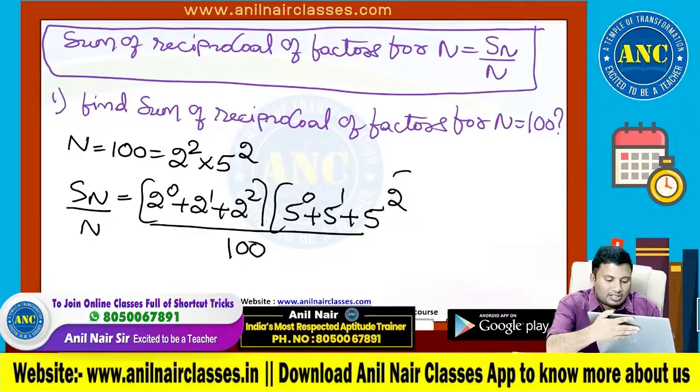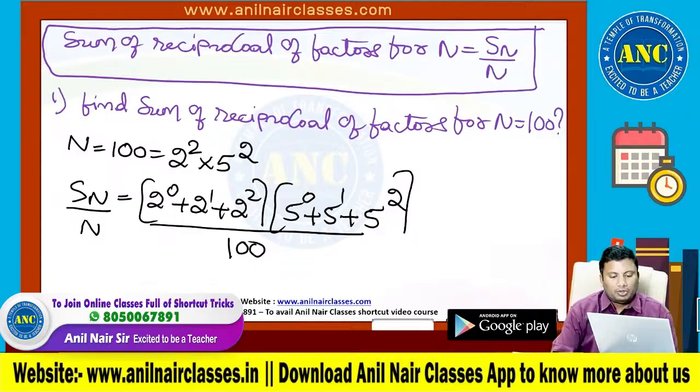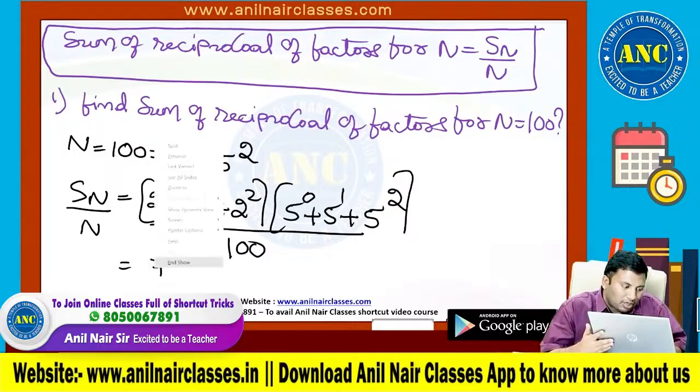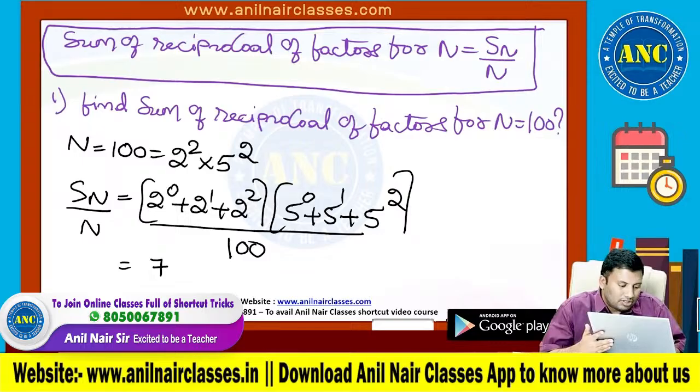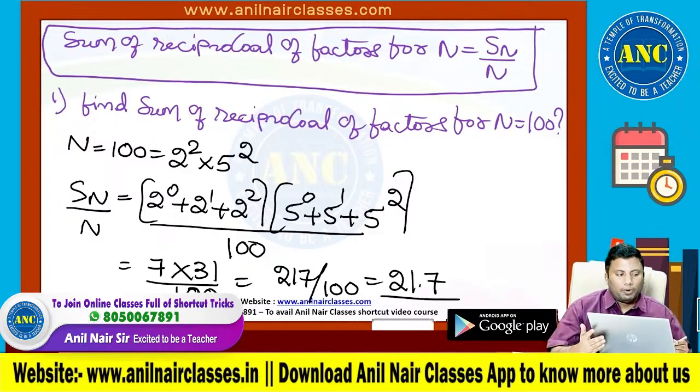This itself is the answer. 1 plus 2 plus 4 is 7. 7 into 1 plus 5 plus 25, which is 31. 217 divided by 100. This is the answer. Answer is 2.17.